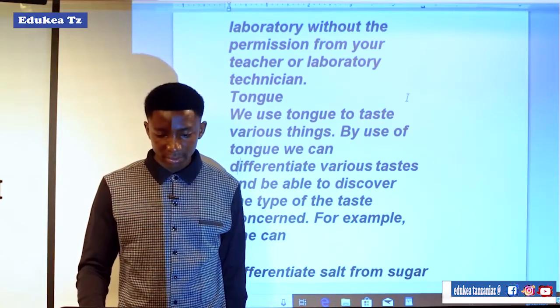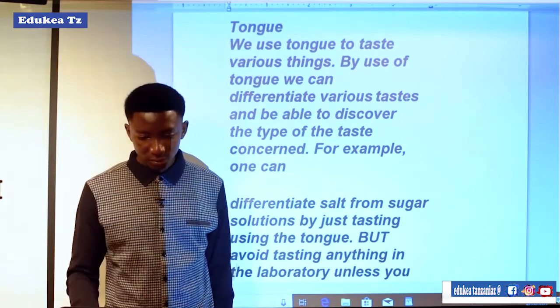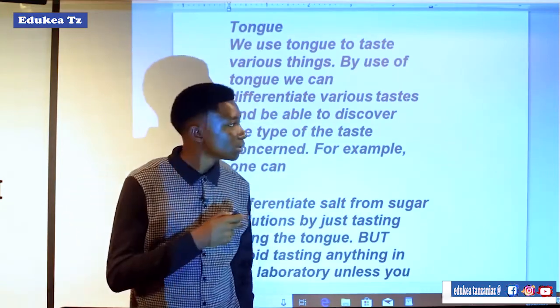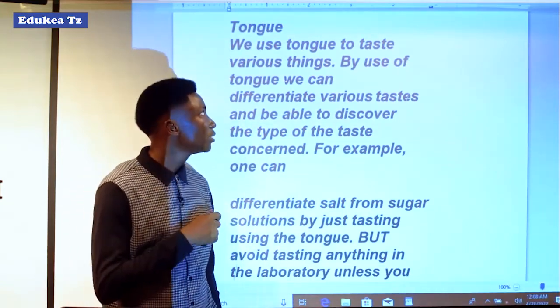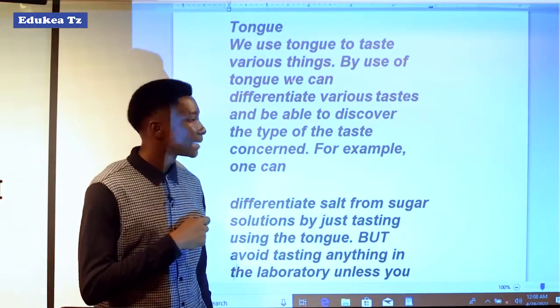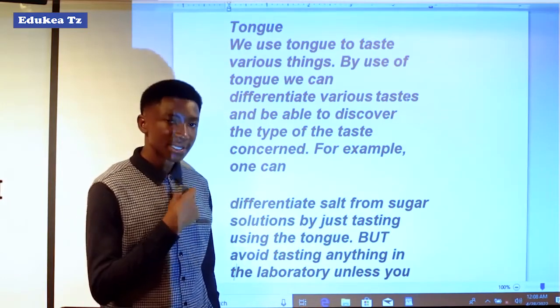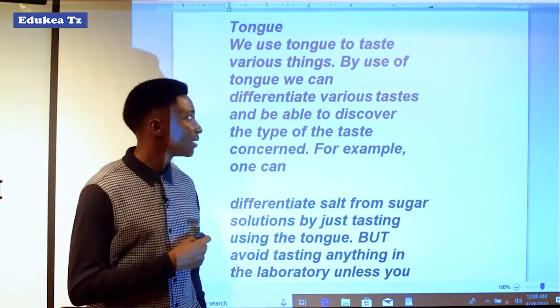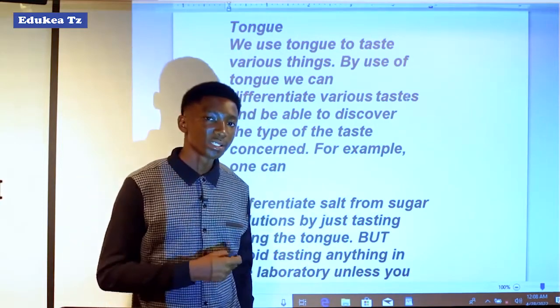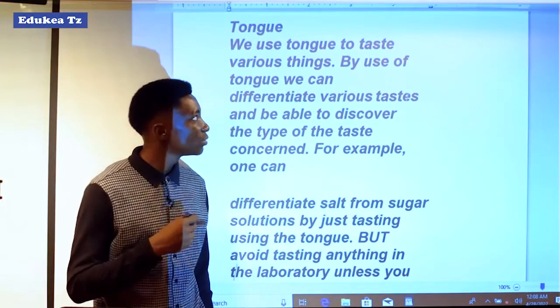Now let's see the tongue. This is a sensory organ which is always used to taste. It can taste any kind of food, or can taste drinks or soft drinks.